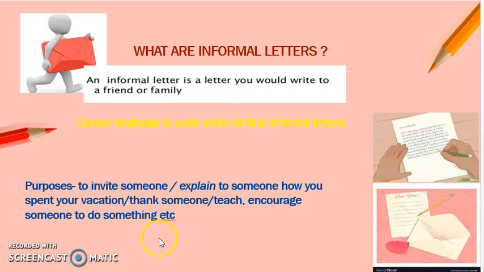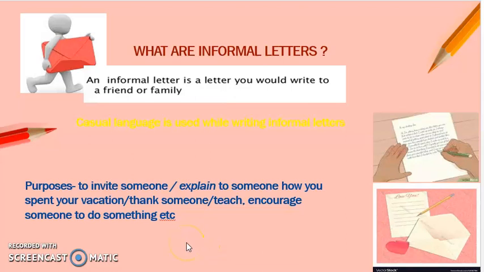Maybe I watched a very good movie and I want to encourage my friend or family member to watch it, so I would write a letter. Or maybe I have read a book. Or maybe you have learned cooking and you would like to tell your friend to also try it out. There are a lot of reasons, but these are just some very simple reasons which I am giving you.